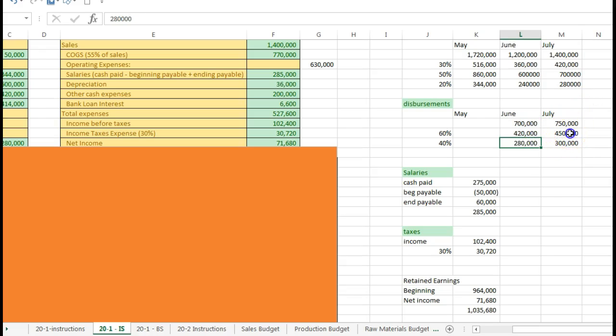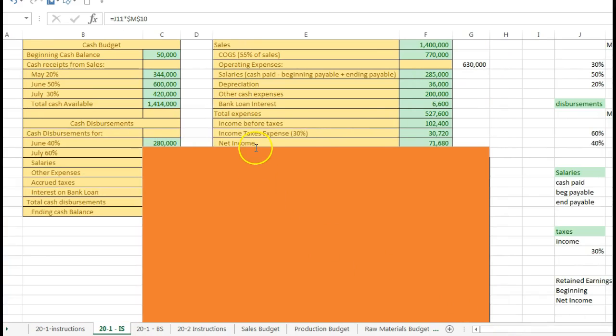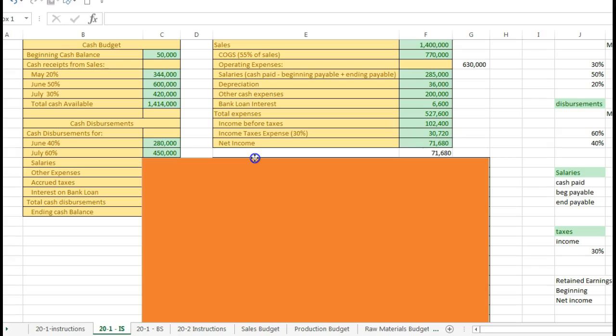Now we're looking at July, so that means I'm paying $280,000 from this June, and I'm paying $450,000 from July. So there we show $280,000 and $450,000. They tell us our salary payments are $275,000.